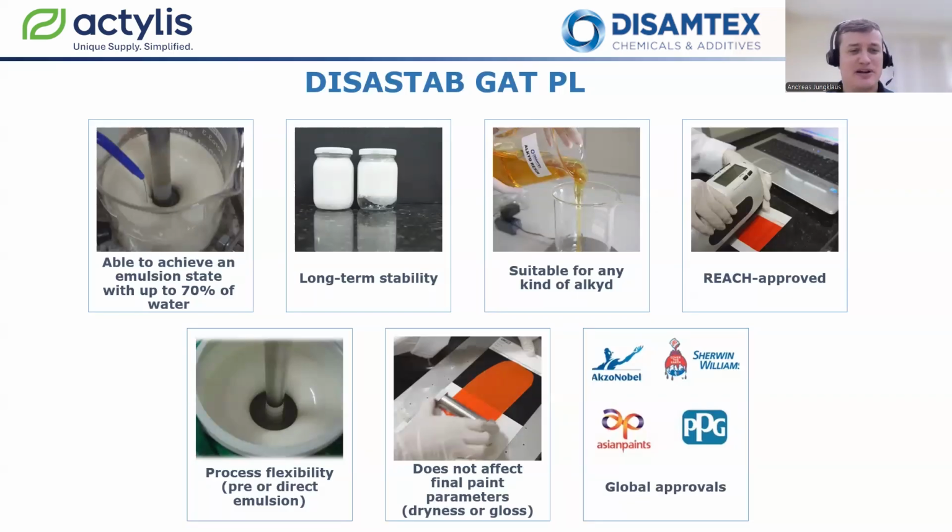It's validated by leading global paint companies to whom Disamtex already sells. We are present in some of the main well-known paint factories you could think of. So GATPL is trusted by top-tier brands, which supports the performance, credibility, and quality of this product.